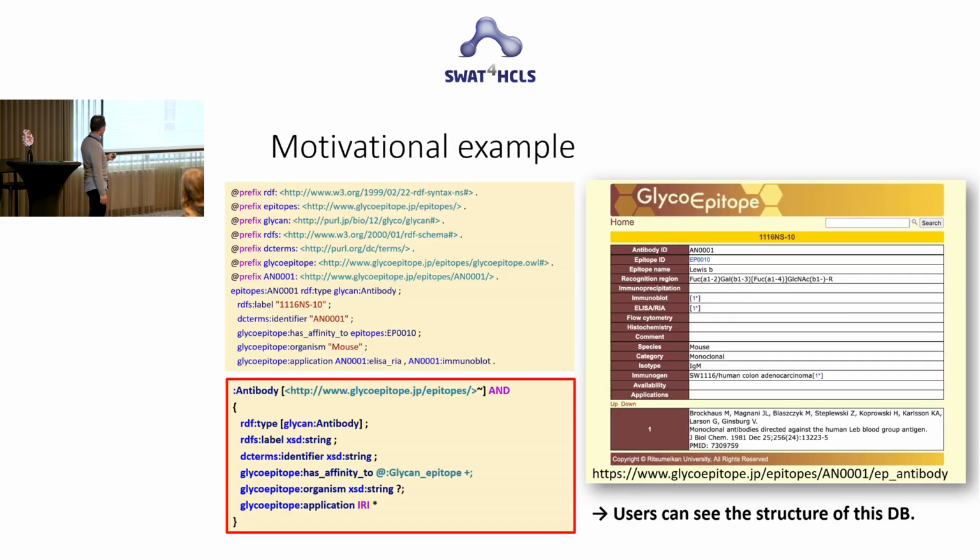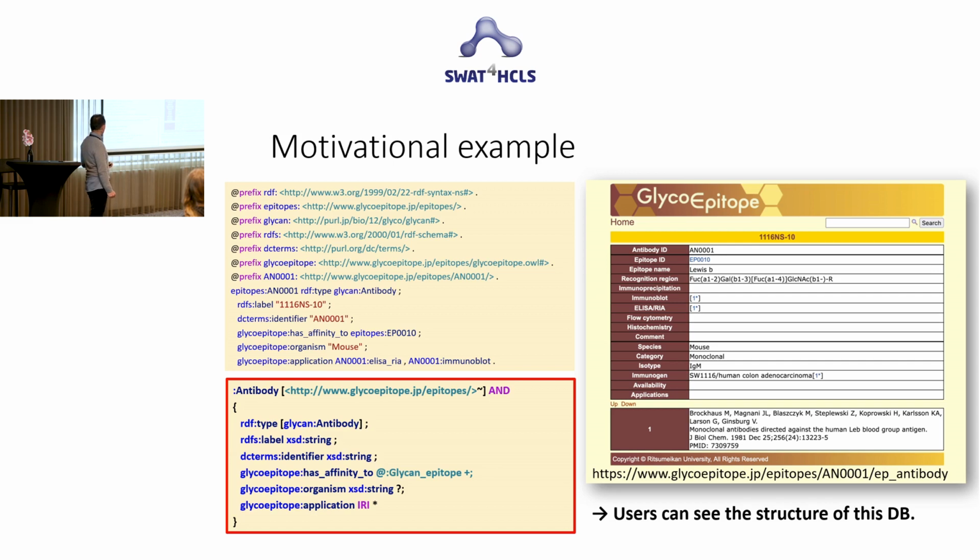This is a database of epitopes, and this is one page for an epitope. This database is also provided as an RDF dataset, so this page can be represented in this RDF data. And this RDF data is also described by this shape.